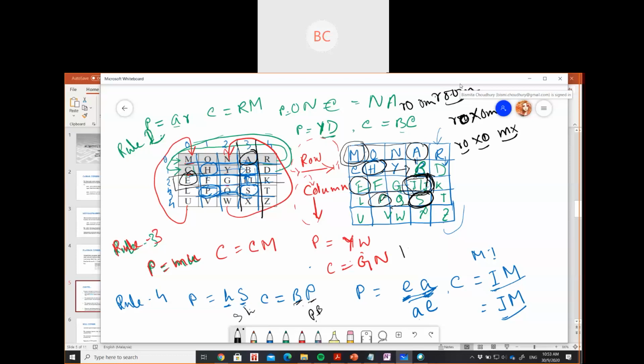In case of balloon, what happened? You just took the first letters, right? LL is together. So you just put a filler letter in between, L and X. So LX, one pair, then LO, then ON. So these are already separated.